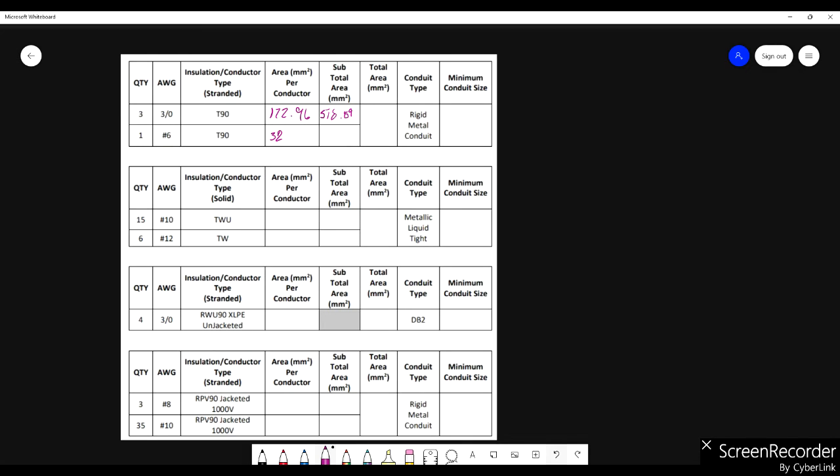Oh, that's a messy 2. It's hard to write with this little pen sometimes. 32.67. There's just one of them. Add these 2 numbers up, you would get a total area of 551.56.